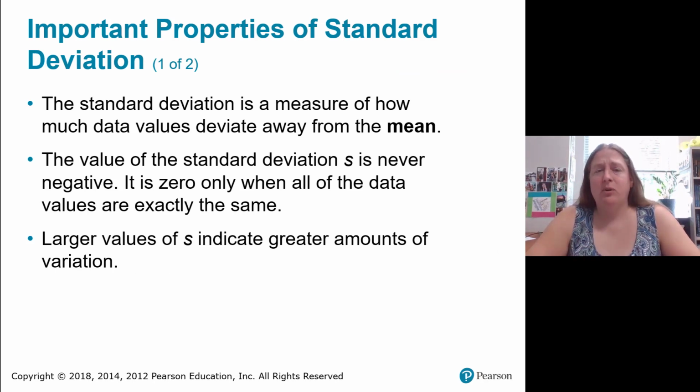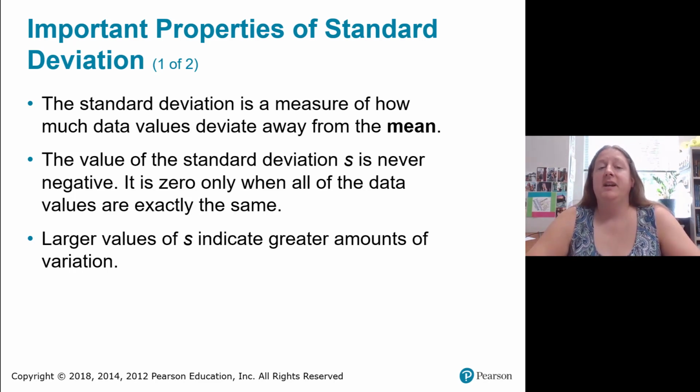Some important properties of standard deviation before we look at an example of calculating it. Standard deviation is a measure of how much the data values deviate away from the mean. It's never going to be negative, because we're squaring everything.